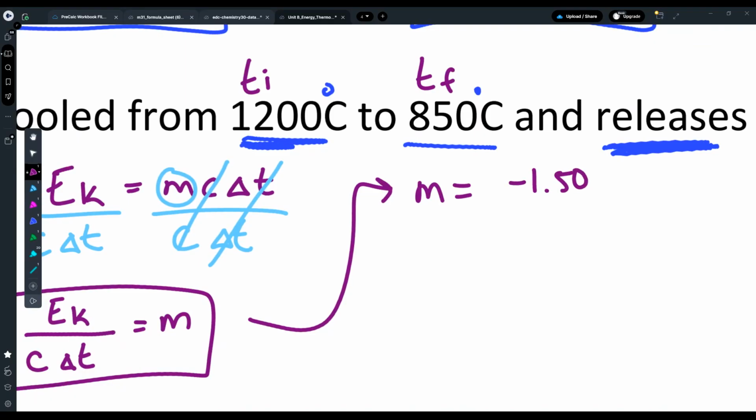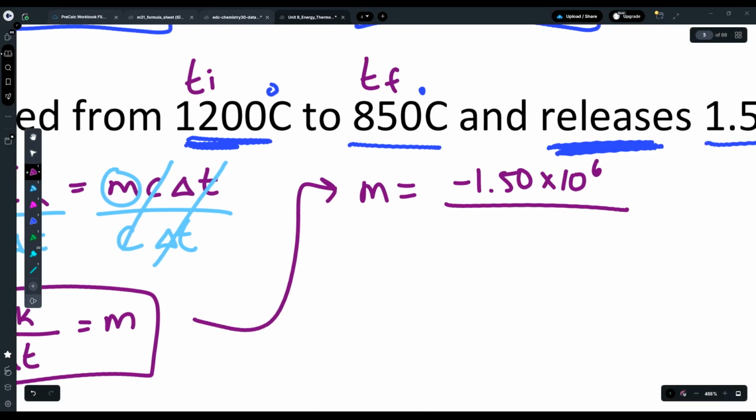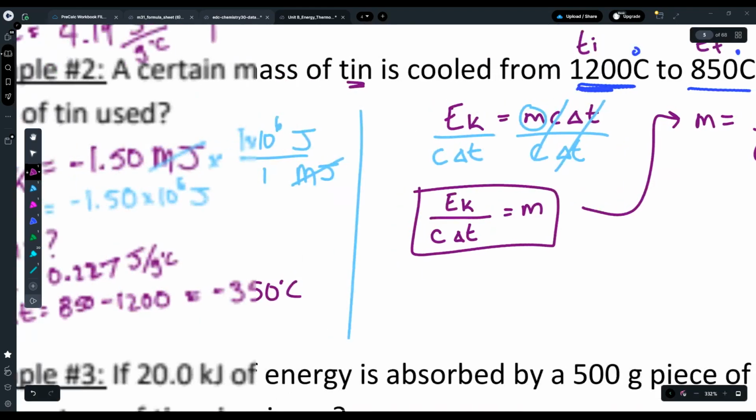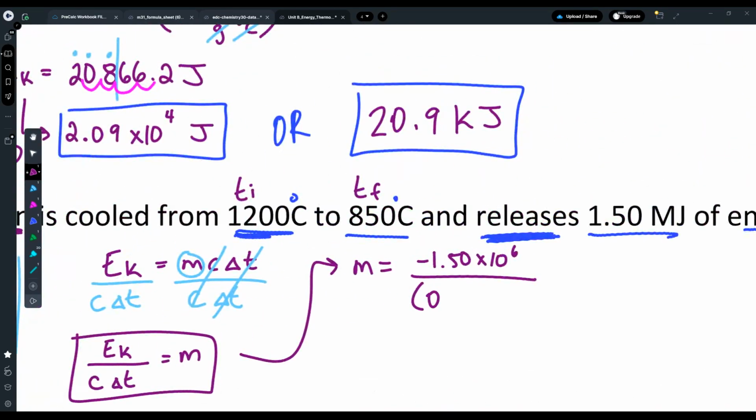So I'm going to scooch this up, and I'll flip this equation around, and then I'll plug in my numbers. Negative 1.50 times 10 to the power of 6 divided by, so what was specific heat capacity? 0.227. This is in joules.